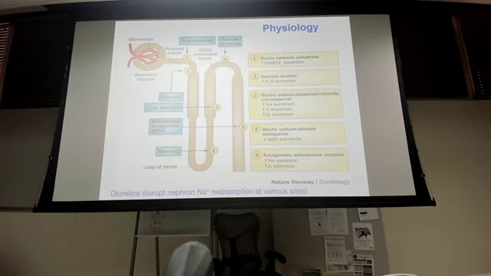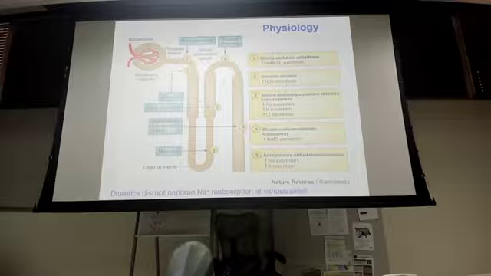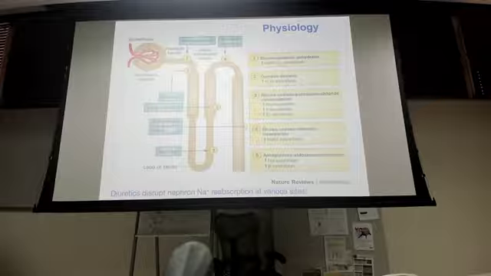So if I'm losing or excreting more sodium up here by an action of a diuretic further down to the right, then there's going to be a compensatory mechanism.